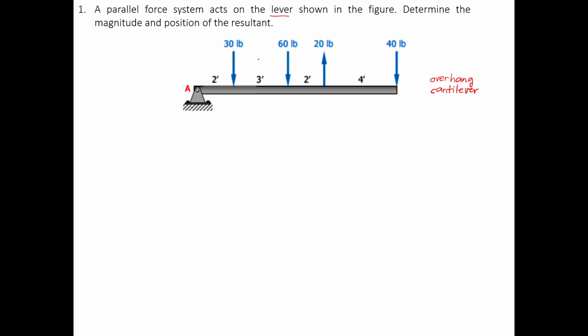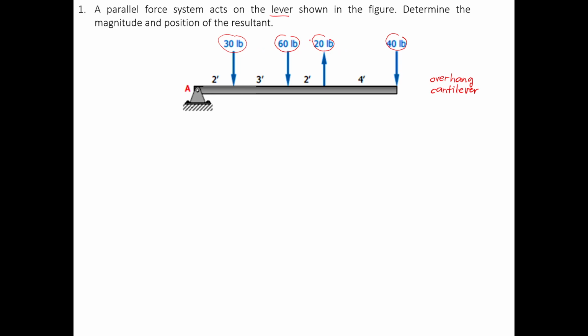Looking at the forces, we have 30 here, 60 going downwards, 20 going up, and then 40 going down. So if you observe the different values, 30, 60, and 40 are all going down.